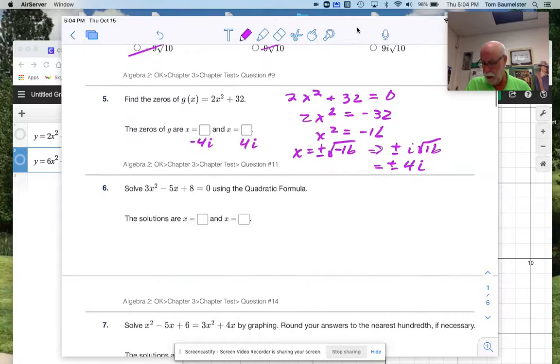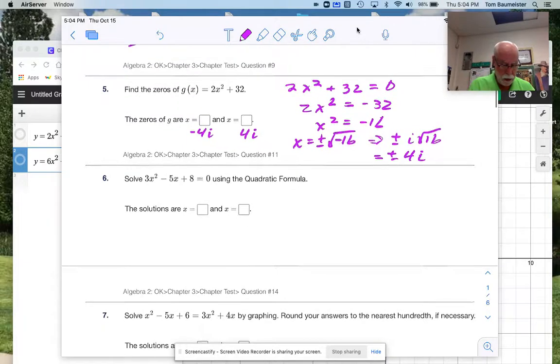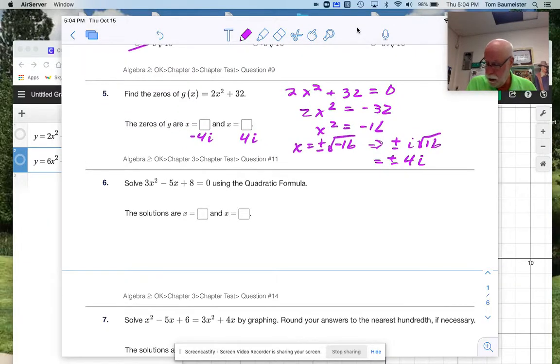Number 6, let's see, it wants us to use the quadratic formula. So remember, using the quadratic formula, we're going to have a is equal to 3, b is equal to negative 5, and c is equal to 8. We're going to do this a couple times, so I will go ahead and write down the formula for you the first time.